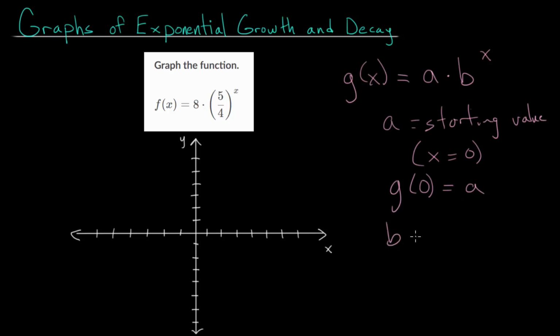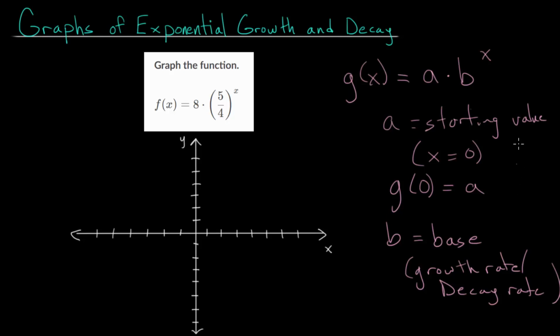And then b is what we call the base of the exponential function, and it could either be the growth rate or the decay rate, depending on the value of b. So if b is a number greater than 1, then we're going to have exponential growth. And if b is a fraction, then we'll have exponential decay.